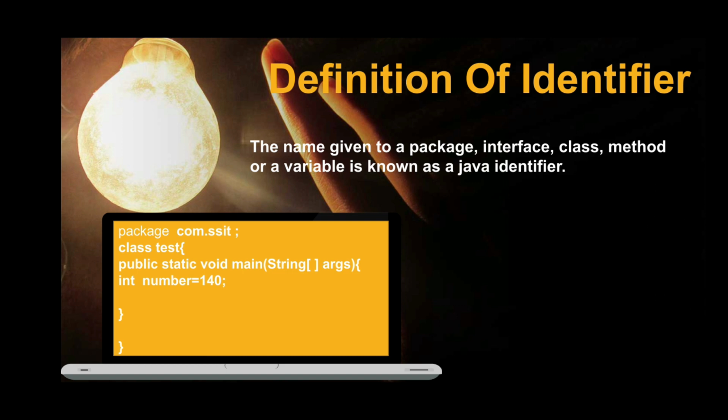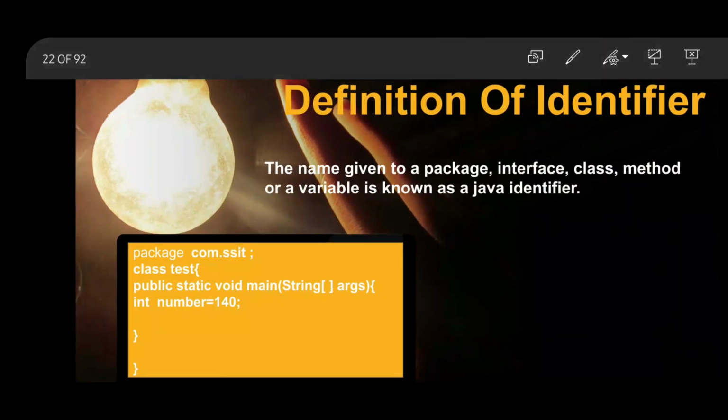Here for the main method we passed one argument. Which type of argument did we pass? A String array. Here args is the variable name. Which type of argument did we pass? String array type.